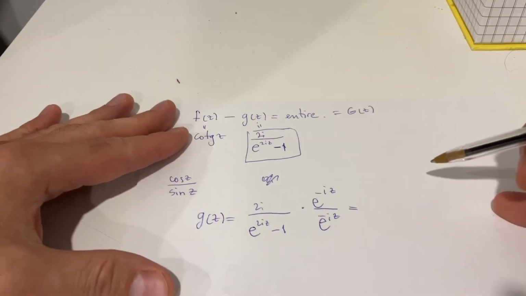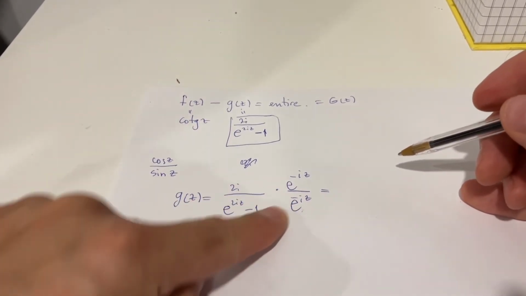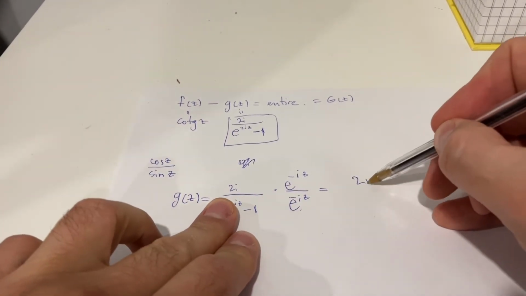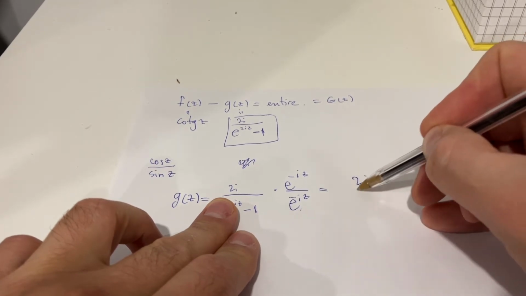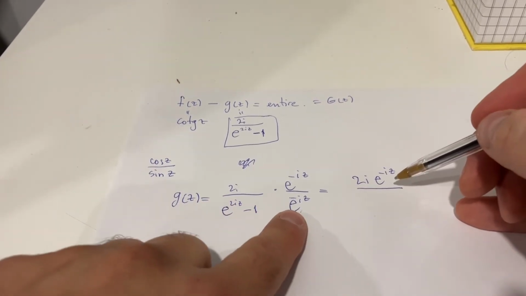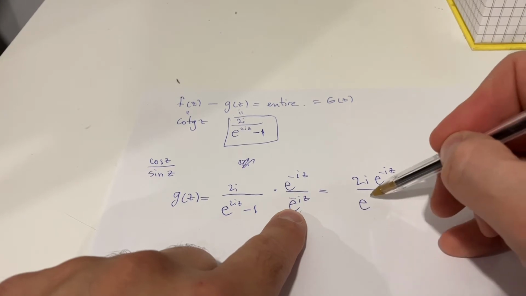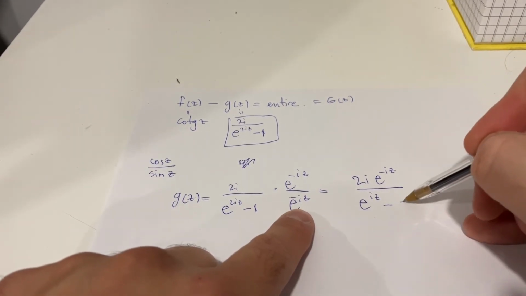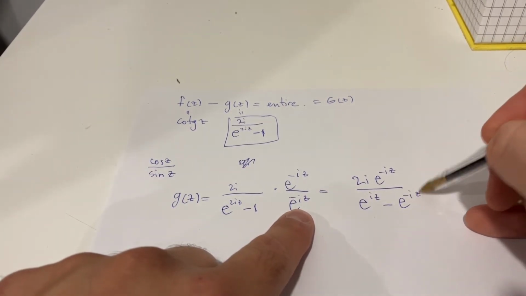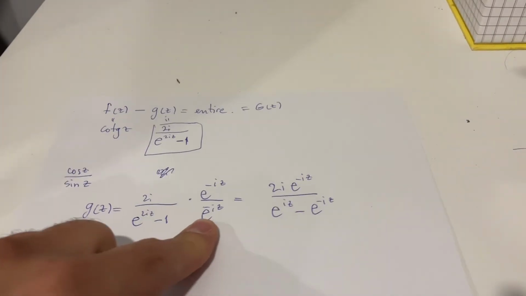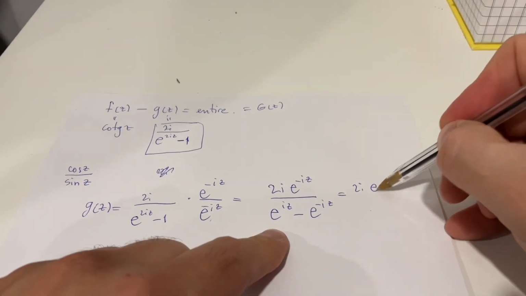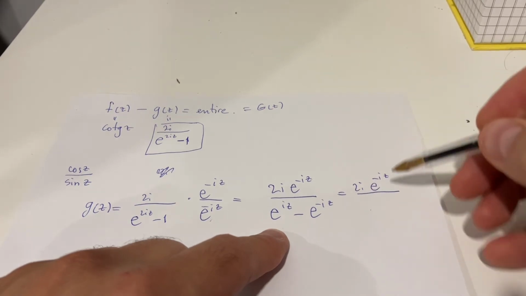We don't change anything, this is multiplication by 1. You get 2i exponential of negative iz divided by exponential of 2iz times exponential of negative iz, which gives exponential of iz minus exponential of negative iz.